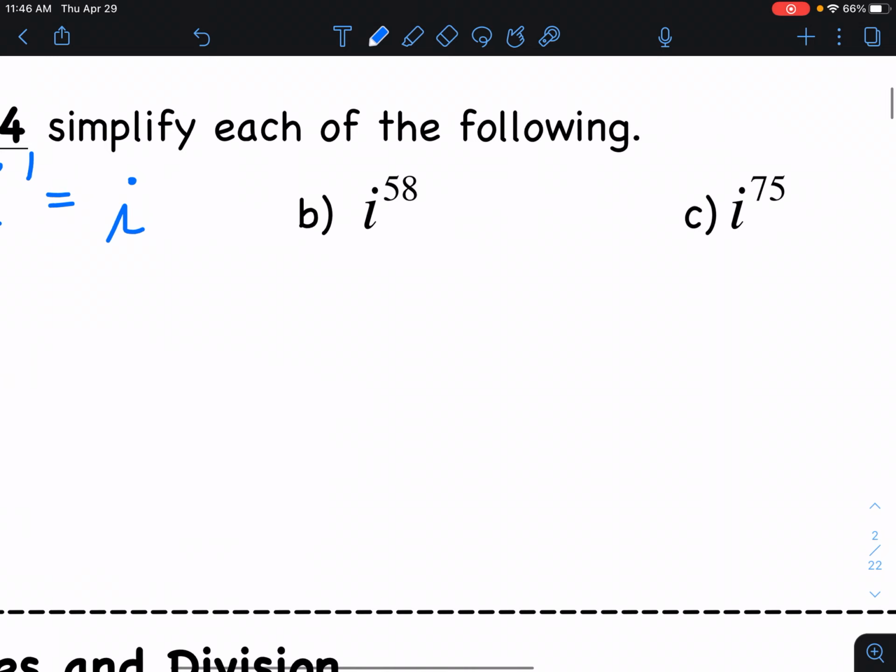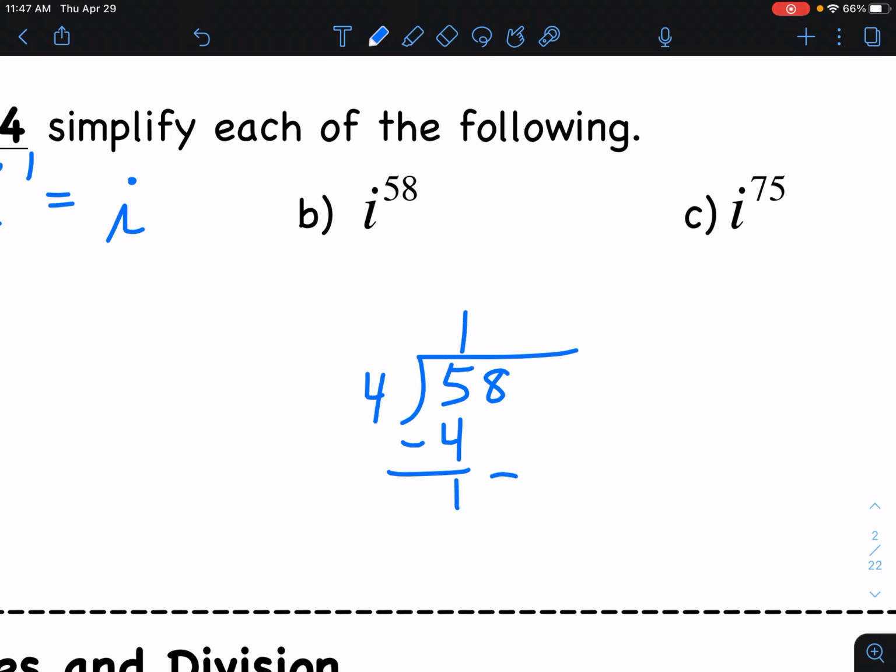Moving on, 58. Now we're going to take 58 and divide by 4. 4 goes into 5 one time. Multiply 1 times 4, bring down the 8. 4 goes into 18 4 times. 4 times 4 is 16. And then subtract, you have a remainder of 2.